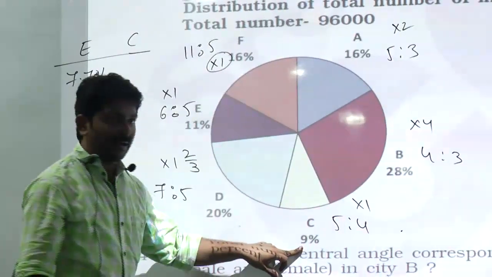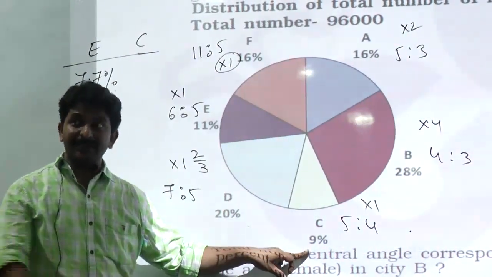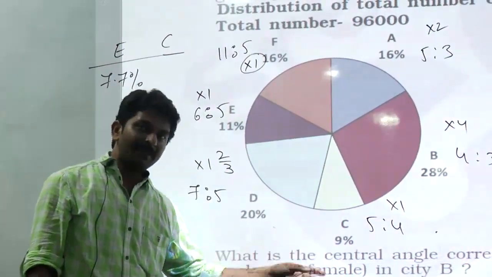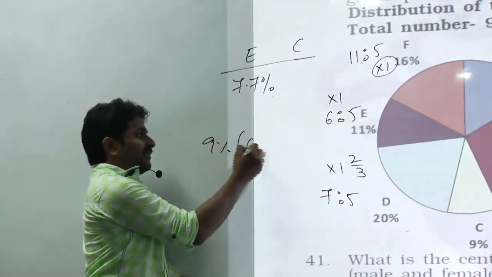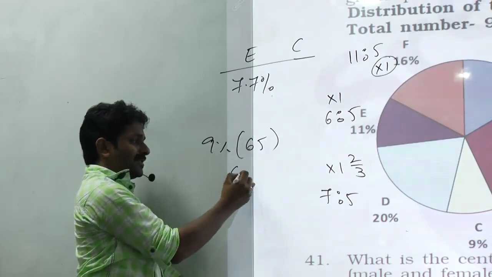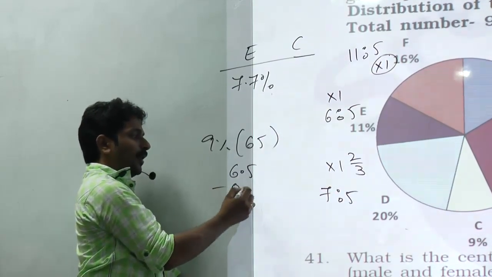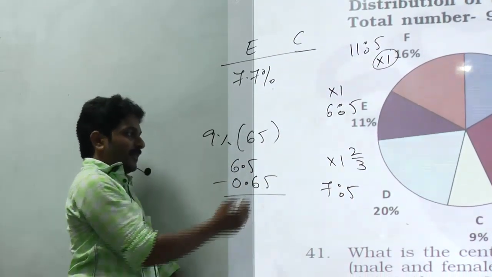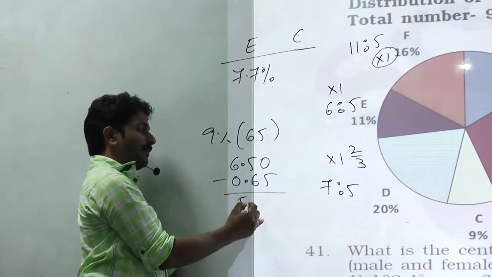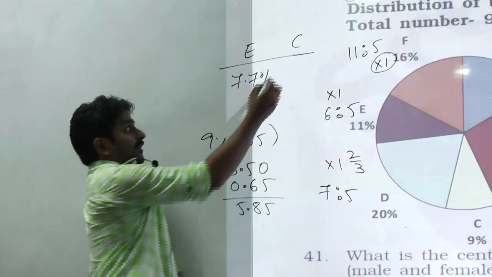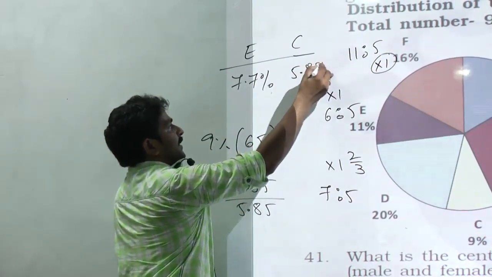And from C, they said 65%. C we have total 9. Out of 9, 65%. Or you can say 9% of 65. 9% of 65 in the sense 10% minus 1%, that is 6.50 minus 0.65, how much is this? 5.85. So that is 5.85%.